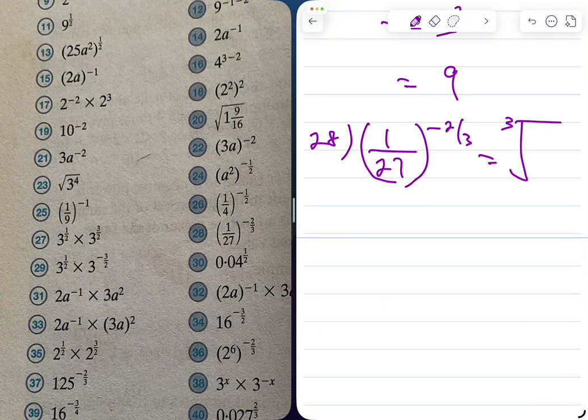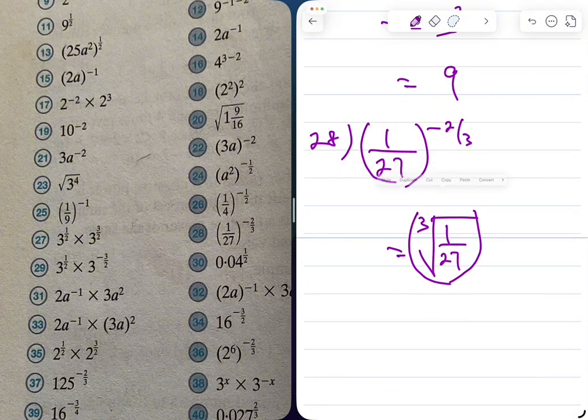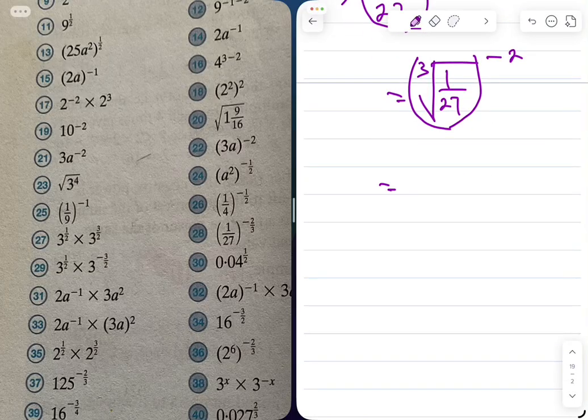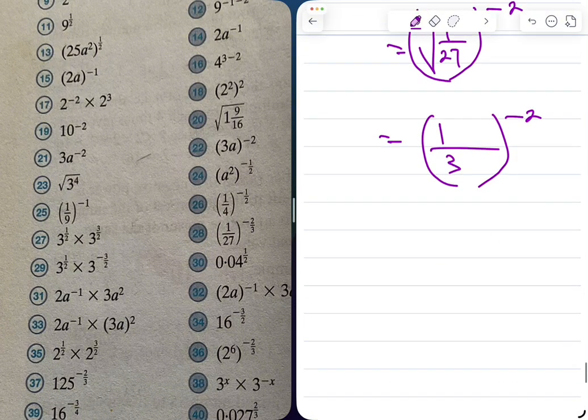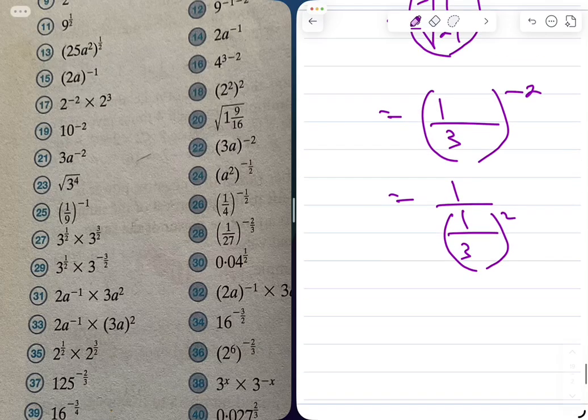That is equal to the cube root of 1 over 27 raised to power minus 2, which is equal to the cube root of 1 is 1, the cube root of 27 is 3, and that's 1 over 3 raised to power minus 2, which simply means 1 all over the square of 1 over 3.